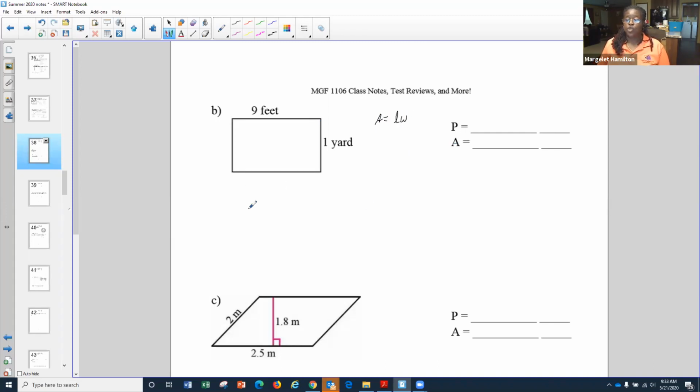Now, make sure you pay attention to what they give you. Here they give us 9 feet, and then they give us 1 yard. You notice the dimensions are different. That's a no-no. You can't combine apples and oranges. So something's got to change. Here we have to convert.